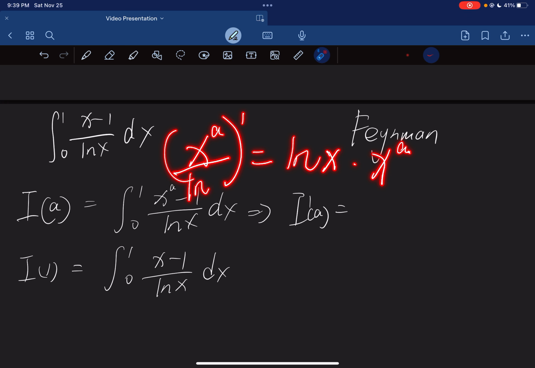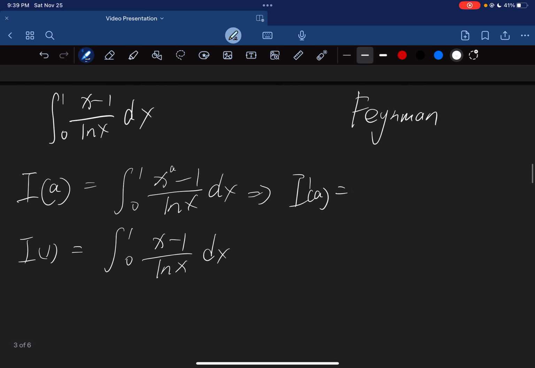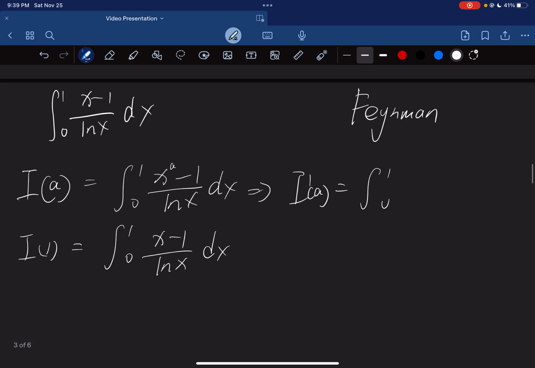So if we add a ln x in the denominator, the outcome would be x power a. That's very clear. So the differentiation of the I equation is the integral of x power a dx, right? So it's 1 over a plus 1.